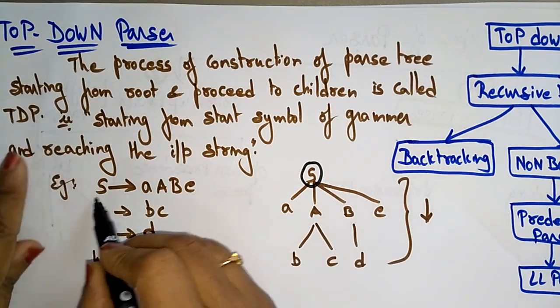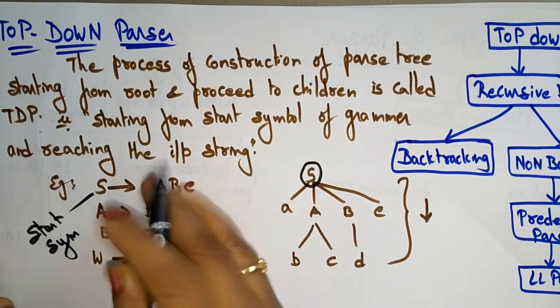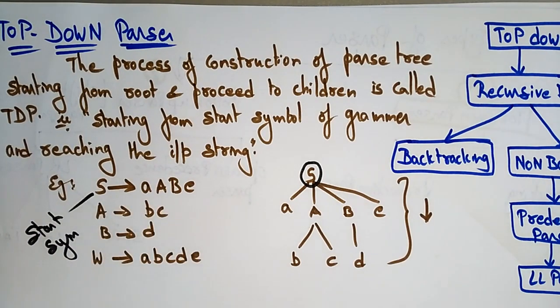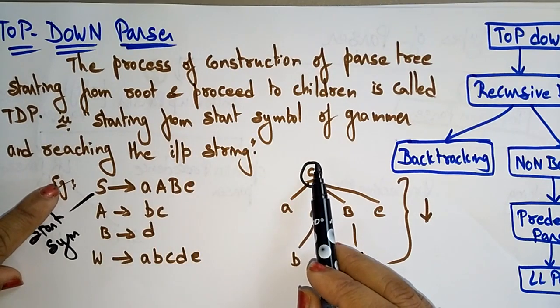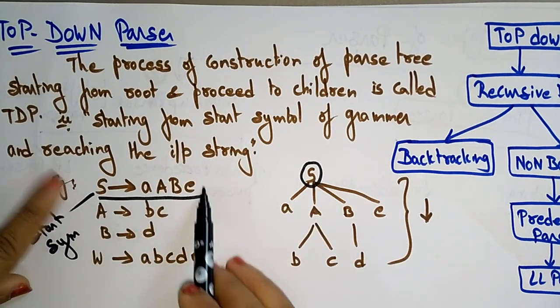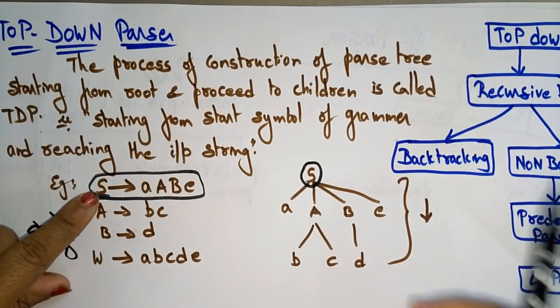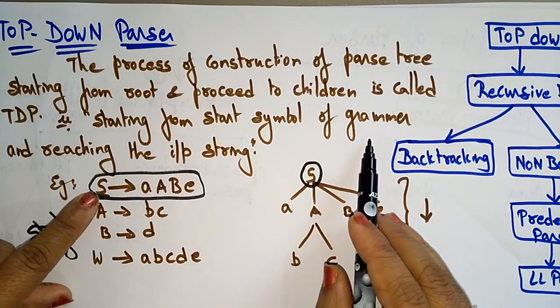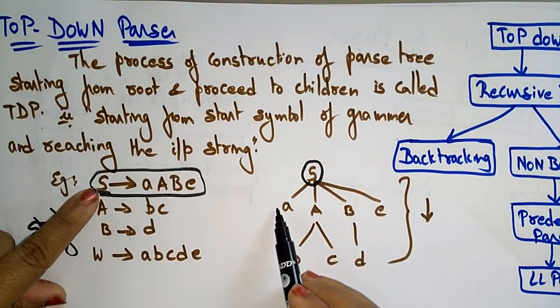S is the start symbol, and the non-terminal may be E, T, S, whatever it may be. Start with the starting symbol of the grammar, whatever grammar you are taking, and reach the input string. The final thing is we have to reach the input string.